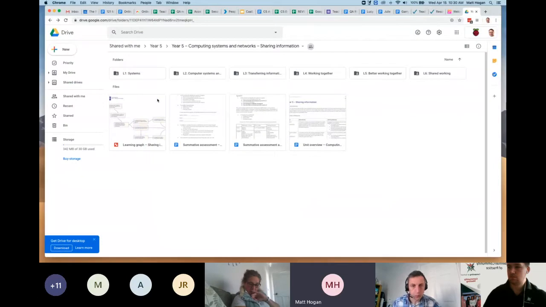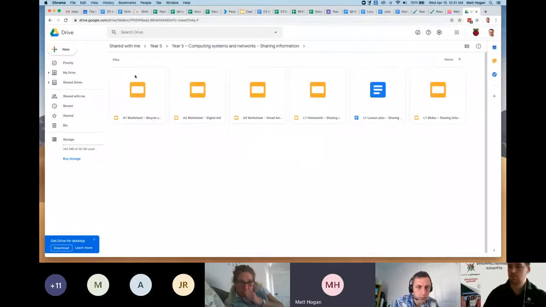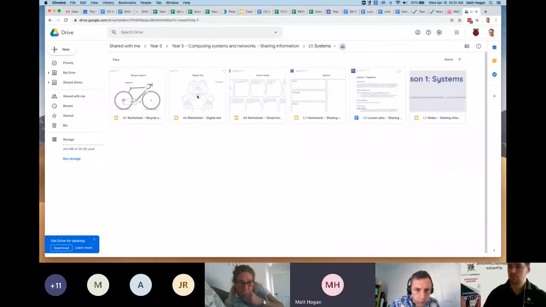But with these resources, again, everything is free. It just takes you to a Google Drive. So this is year 5, computer systems and sharing information. I won't go into it now, but you can sign up and look for yourself. We've got a summative assessment, and these learning graphs that we call them. If you go into one of these folders, you've got all the resources there, the slides for each lesson.